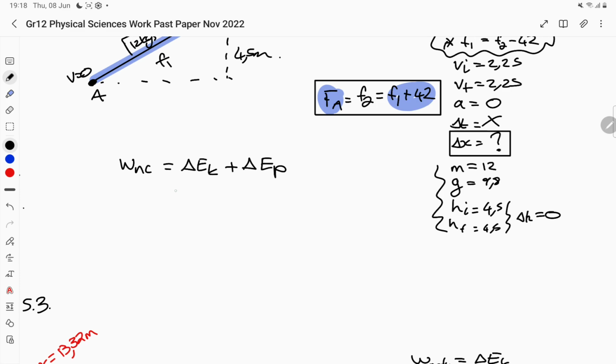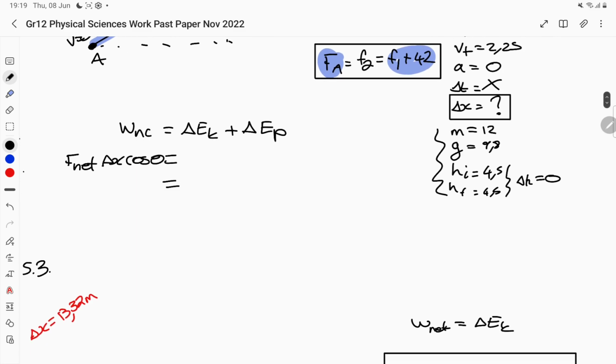Alright, so we can do this. The interesting thing is we actually worked this out earlier, so we actually have a value for this. We don't need to redo the whole thing. But we can break this up. This is the method I like. So this will be Fnet delta x cos theta. And our Fnet will be the Fnet of conservative forces. Just careful with that.